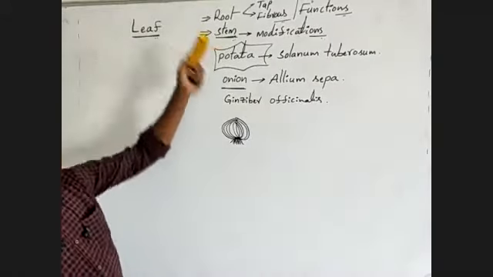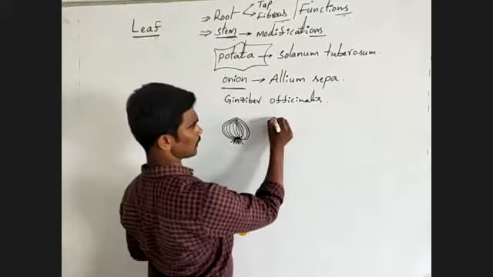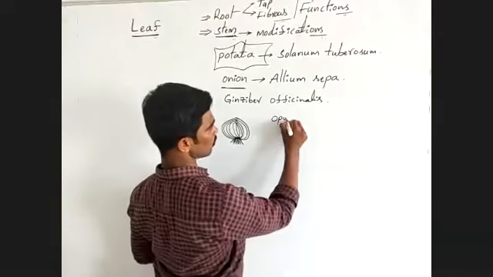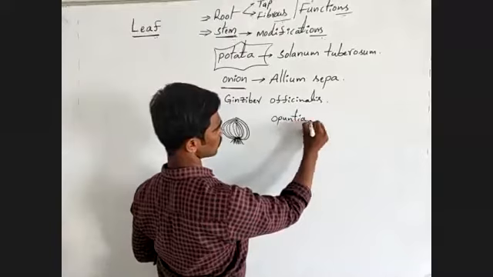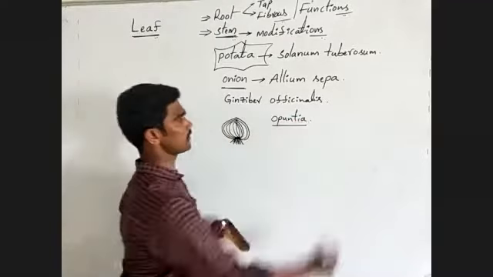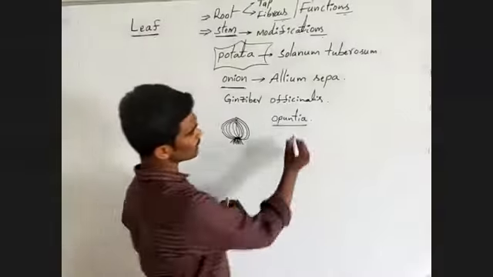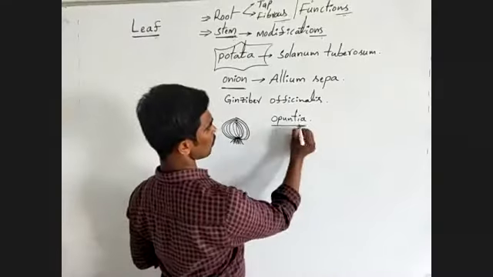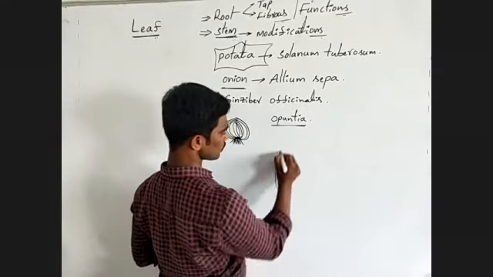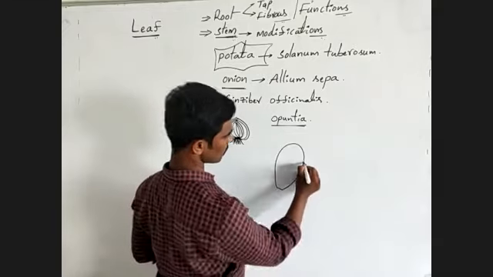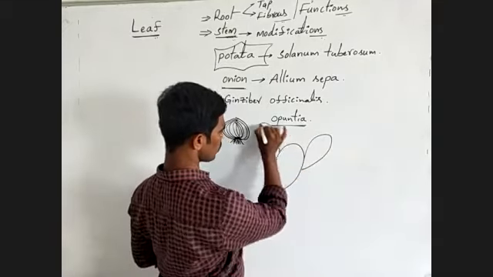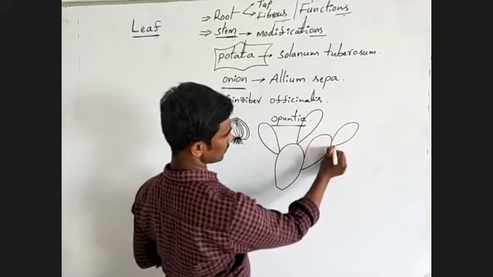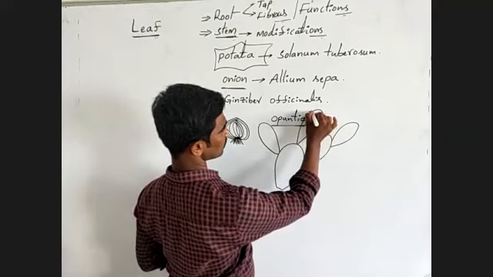In some plants, stems are also modified. For example, Opuntia. In last class, I told you Opuntia. What is Opuntia? This Opuntia, in Telugu, Nagajemudu. Like this stem becomes a flattened green color structure.